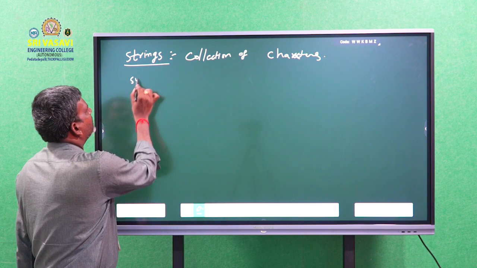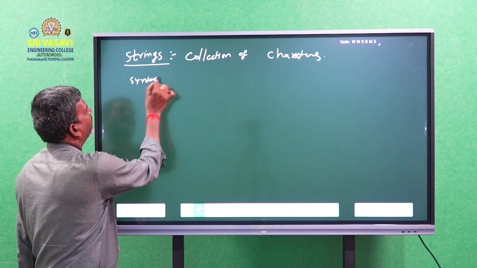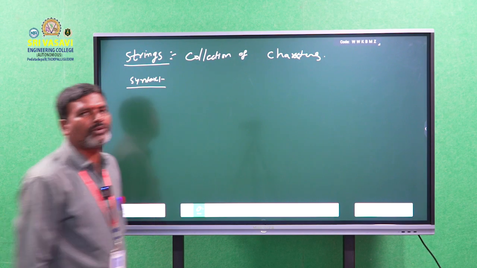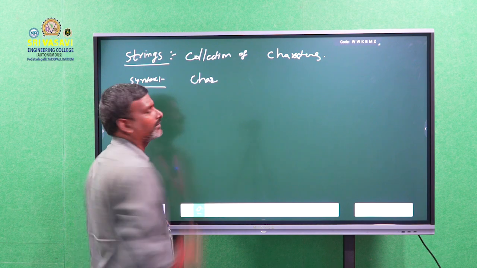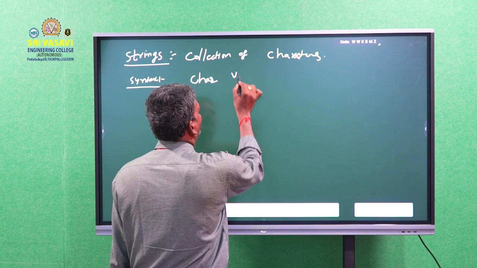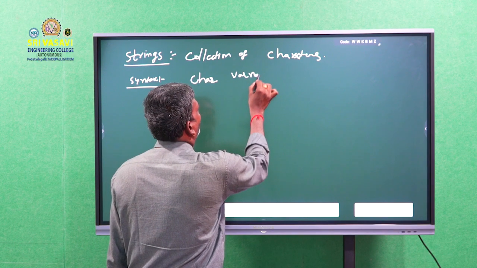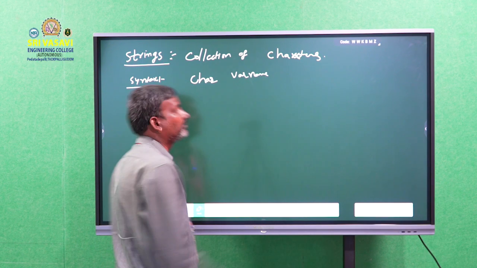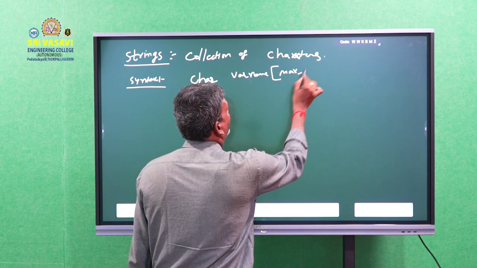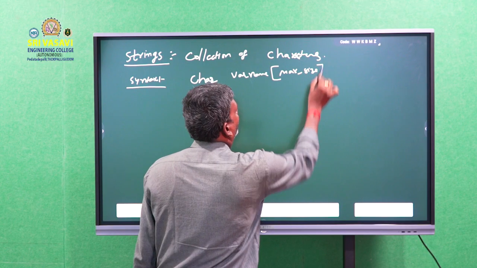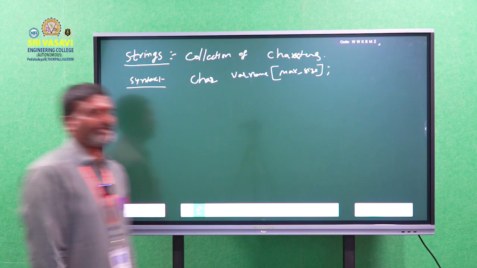The syntax of a string is how to declare a string. Char is a data type, and then the variable name, with square brackets and the maximum size.